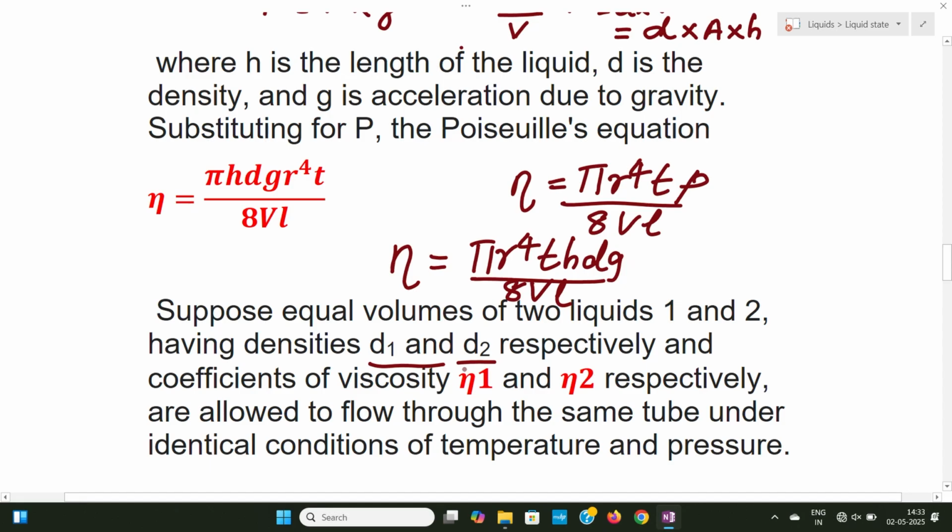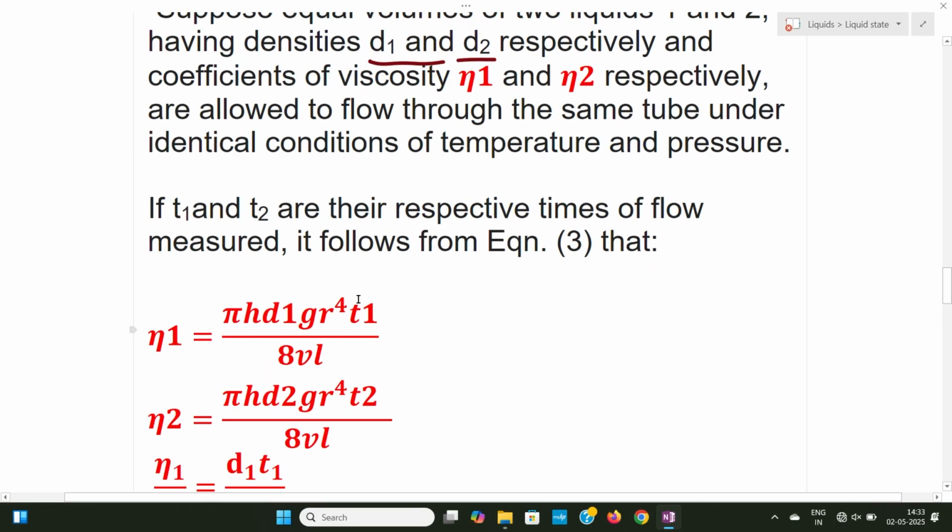If we allow the liquids to flow in the same tube under identical conditions of temperature and pressure, then the times of flow are T1 and T2 respectively for the first liquid and the second liquid.